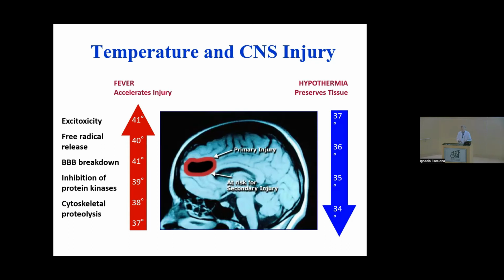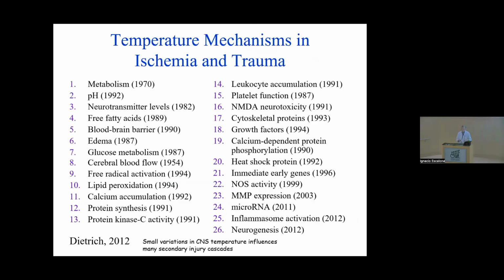And it's pretty potent in doing that. And I've spent basically my whole career looking at different types of pathomechanisms by which temperature can affect all of these secondary injury pathways. We've got a group of microRNAs, for example, that are extremely sensitive to mild changes in temperature.